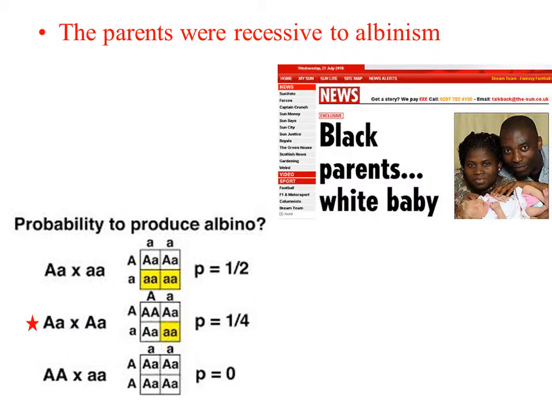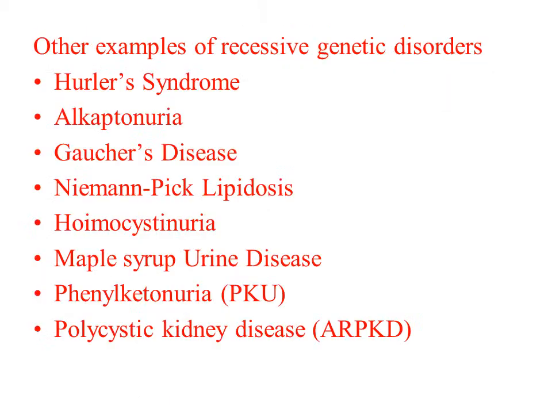So phenotypically, 3 out of 4 are normal and 1/4 is abnormal. So these 2 parents had a 1/4 chance of producing this abnormal individual. Other examples of recessive genetic disorders are as follows.